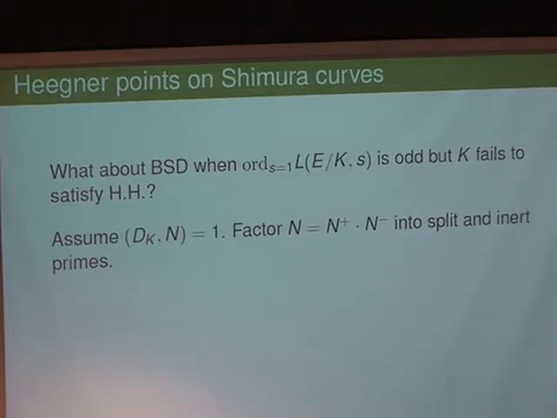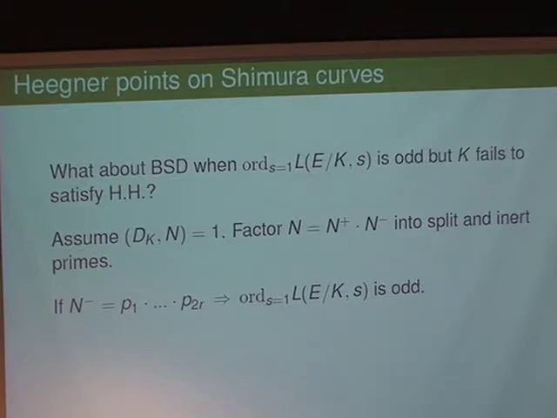Let's assume, just for convenience, that the conductor N of your elliptic curve and the discriminant of your imaginary quadratic field K have nothing to do with each other. So primes in N are either split or inert in K. Factor N into these two sets of primes, N^+ and N^-. In N^+ you put the split primes, and in N^- you put the inert primes. This is one special situation, quite general.